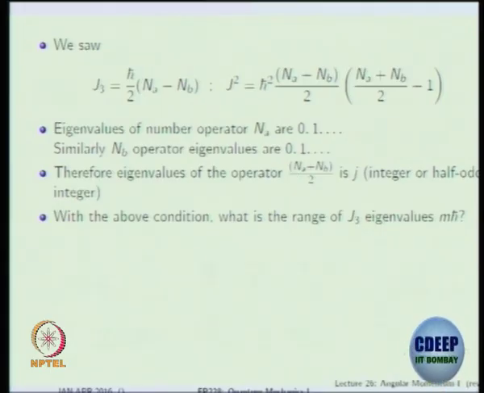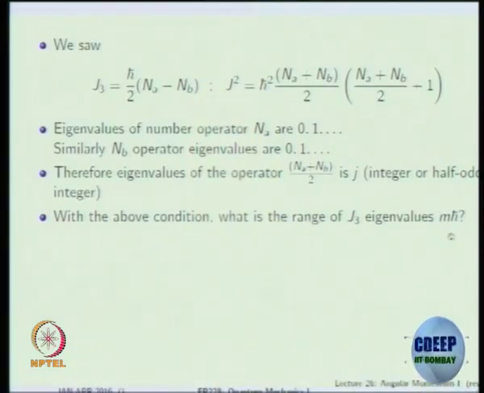This is the identification. If you take two harmonic oscillators, half the sum of their number operators should be identified as the angular momentum j, and the magnetic quantum number m will be half the difference between the number operators. Once I take that, my range of m is automatically fixed to be minus j to plus j. Any questions on this?